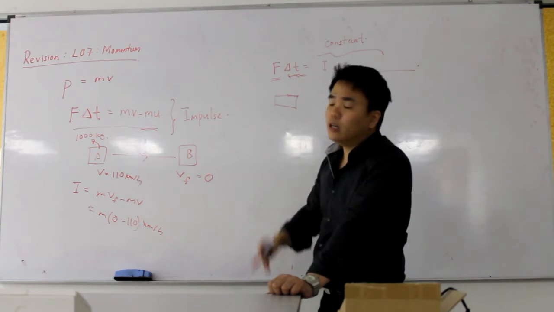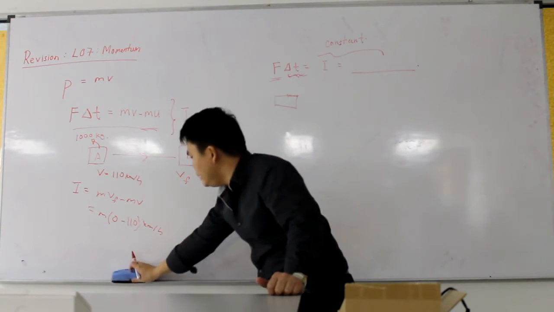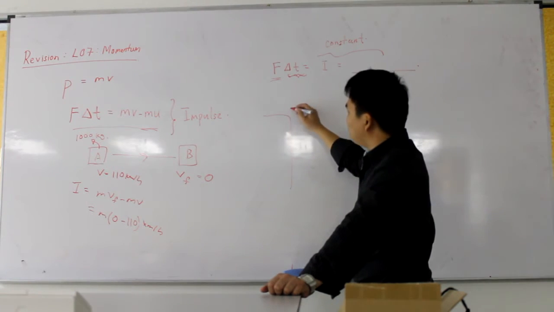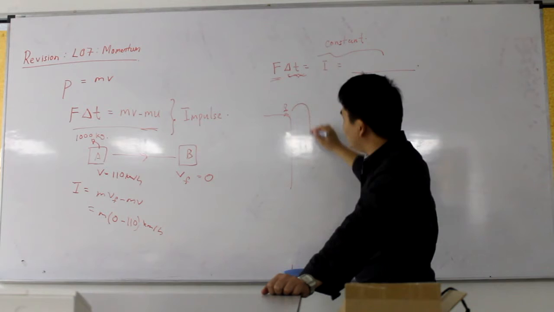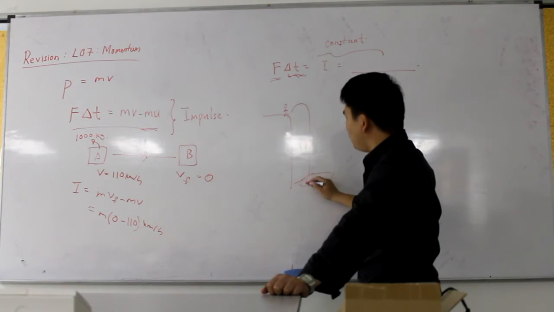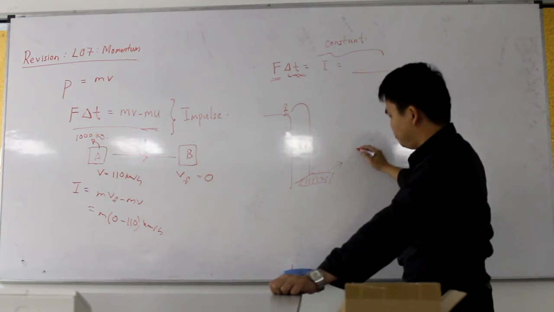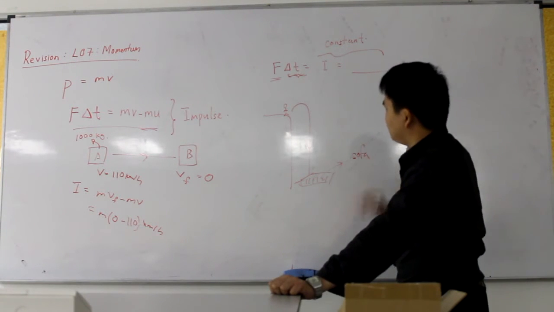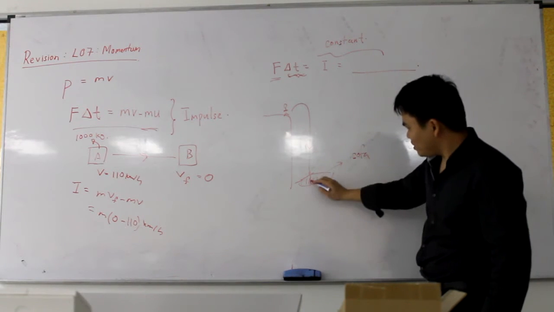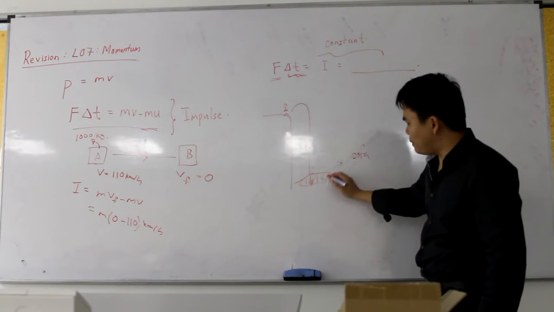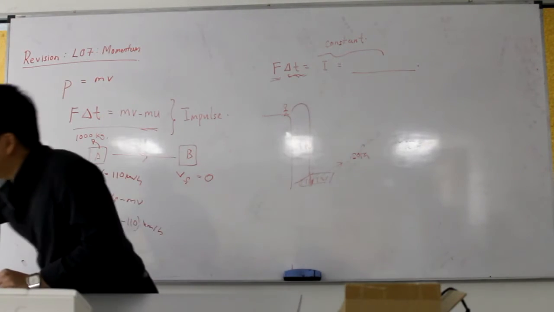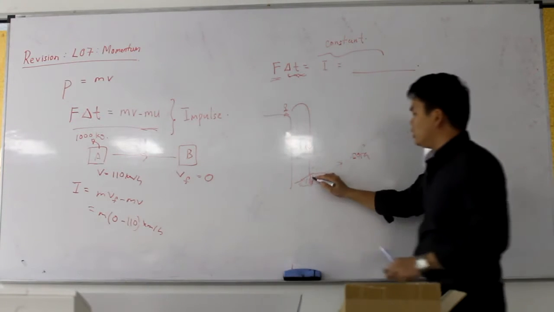You can also try to imagine that when somebody wants to jump down, maybe due to a fire or something like that, and wants to jump out of a high building. If you put a sofa or cushion here, because the sofa is not so tough or solid, the time taken becomes very large.